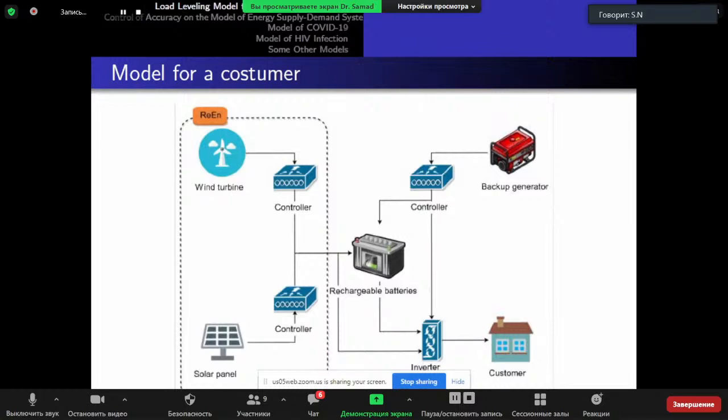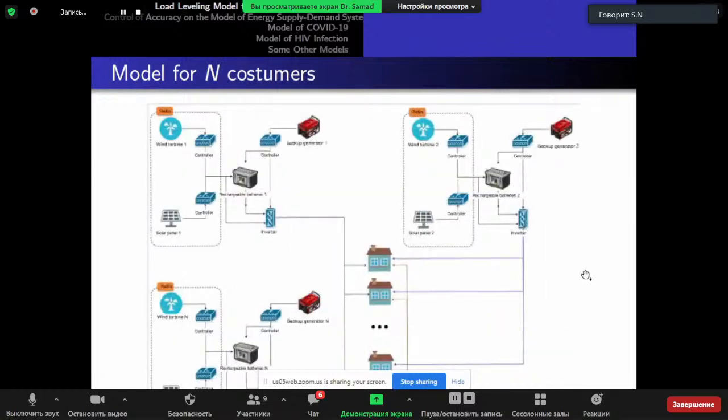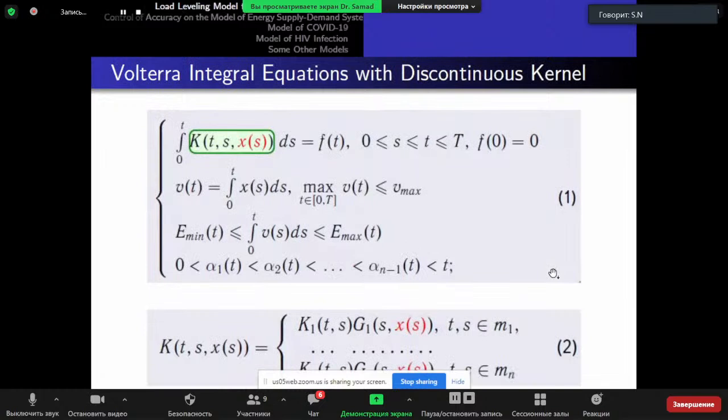We need some numerical and semi-analytical methods for solving it. At first, we need to model the problem, and after that, we need numerical and semi-analytical methods for solving those problems. Here, we can also extend the model for end customers. The model would be in this form. If we model it in the form of a mathematical relation, the model would be a multiple integral equation with a discontinuous kernel.